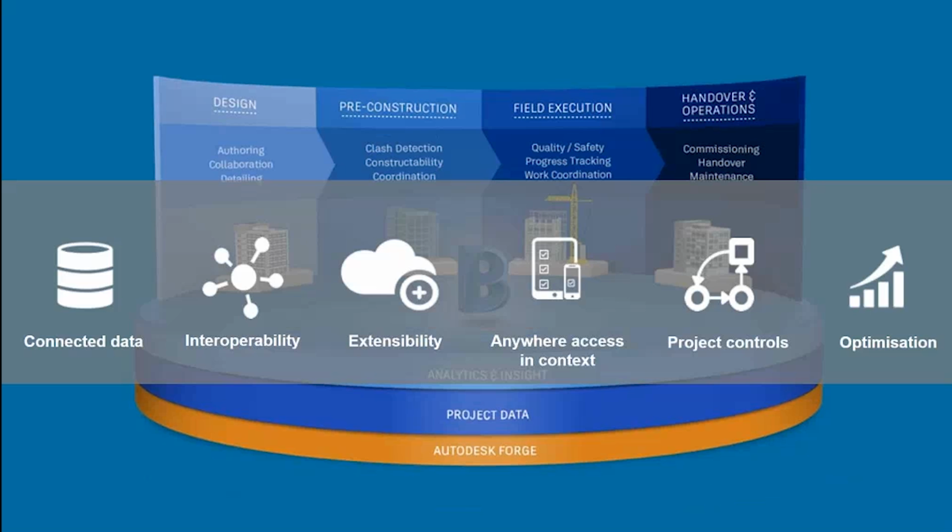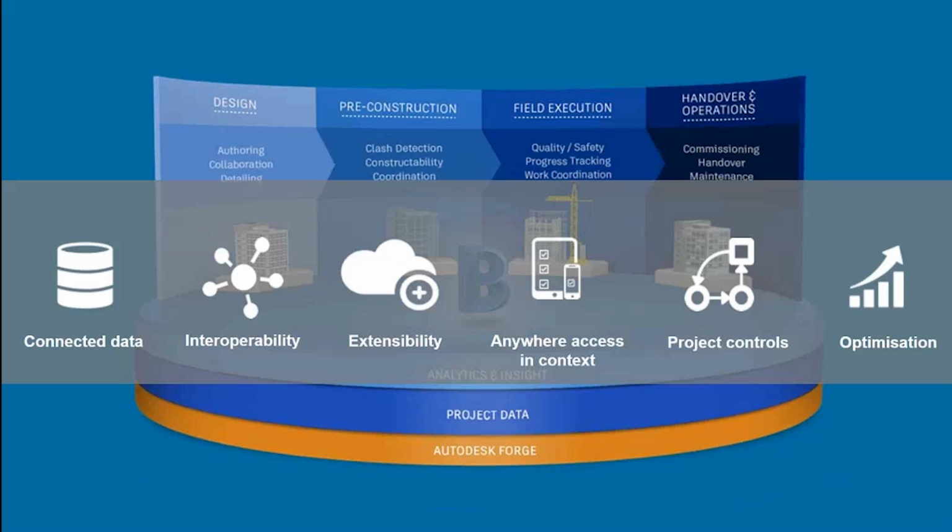What that gives us really is, first and foremost, a single source of information. So everything that we enter into the early stage design through BIM 360 design, all of that carries on and is accessible as we move into field and handover. We're not left with separate silos of information. That gives us a lot of interoperability between all of that data, between all of the people working within our projects.